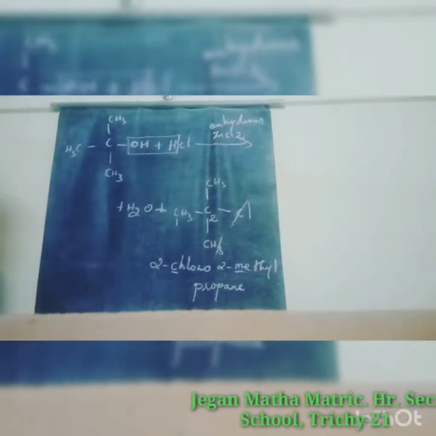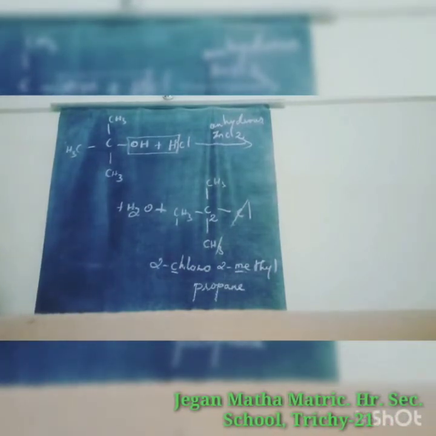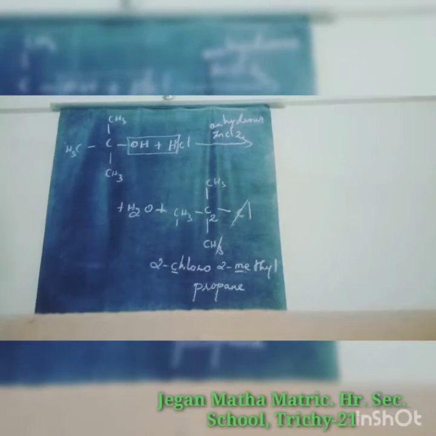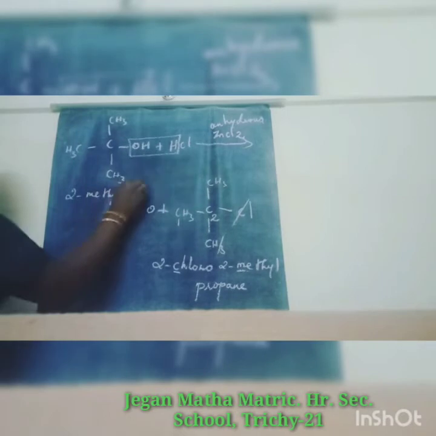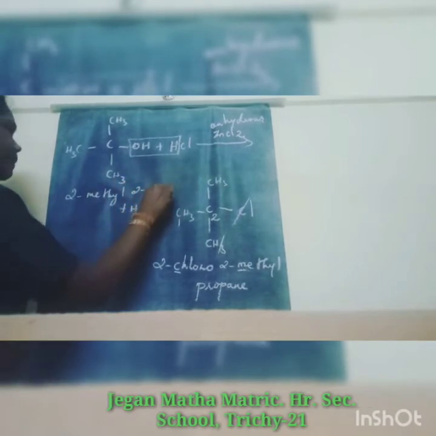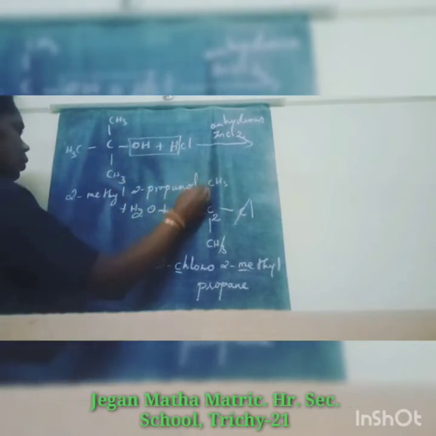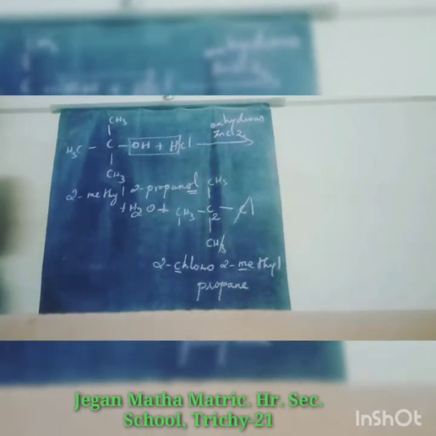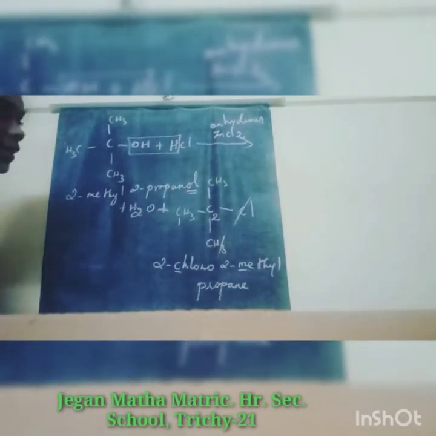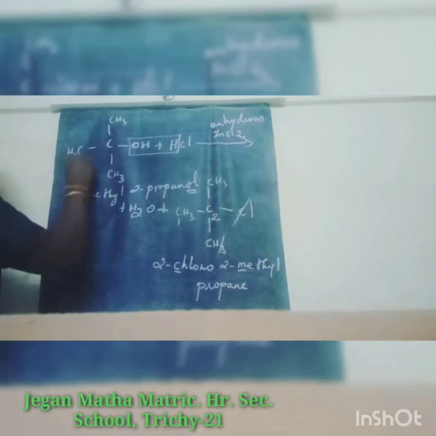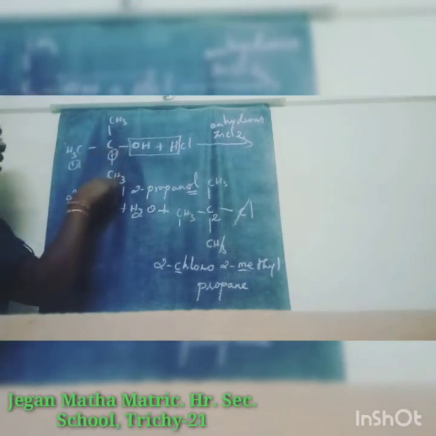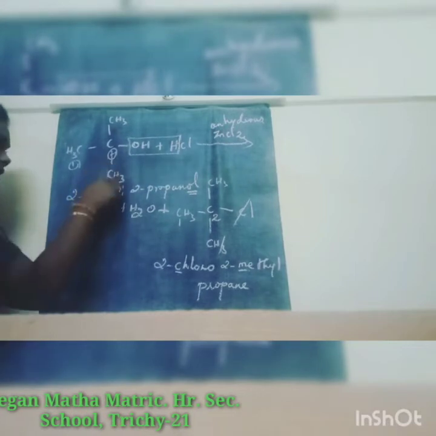So the reactant name is 2-methyl-2-propanol. Here OL means that is the alcohol functional group, so the suffix is OL. And 2-methyl: this is the first carbon and second carbon. On the second carbon a methyl group is present, so 2-methyl.